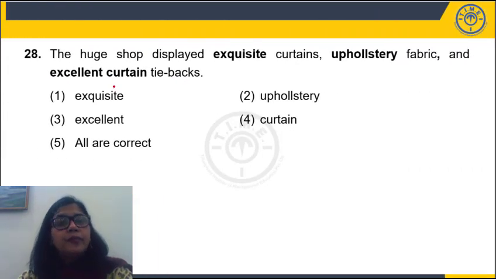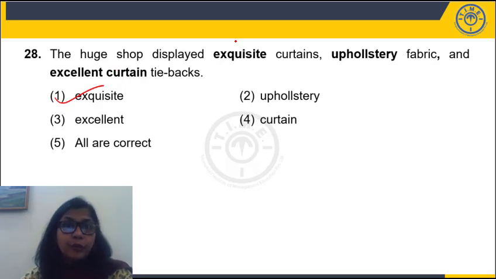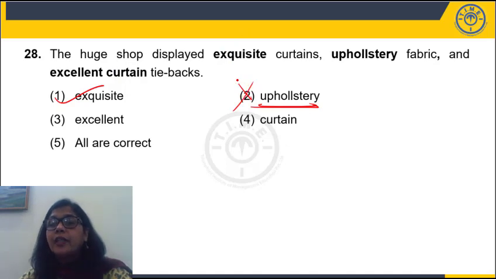28th. The huge shop displayed exquisite curtains, upholstery fabric, and excellent curtain tie backs. Exquisite, something that is rare, exotic, positive word. Upholstery, spelling wrong. Yes, here the correct spelling will be upholstery. So single L, not a double L. Excellent. Curtain, fine.